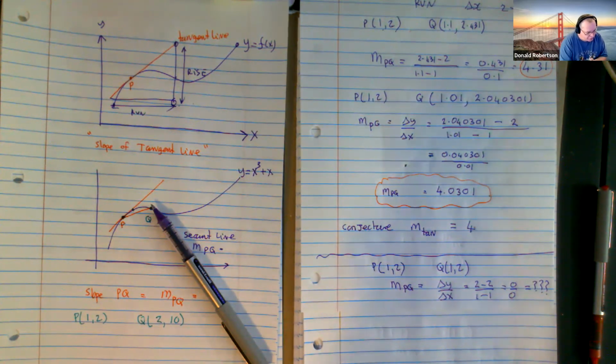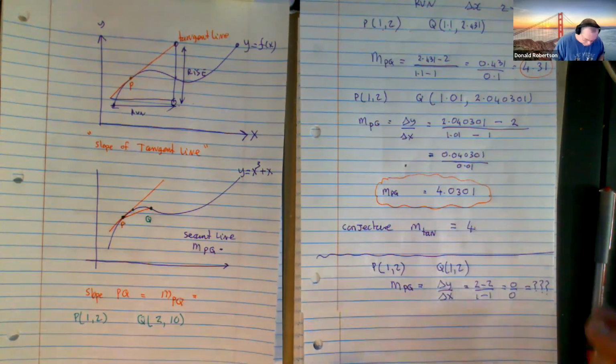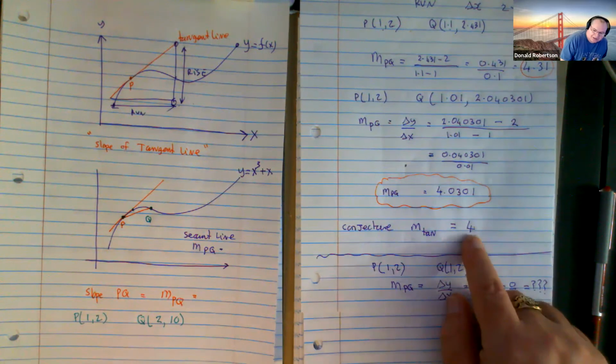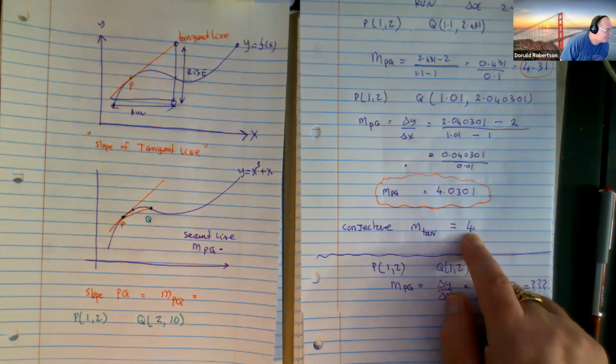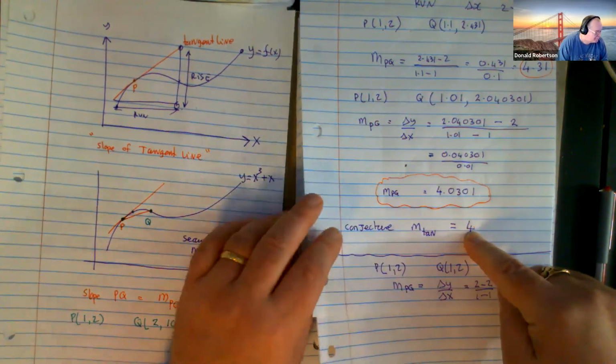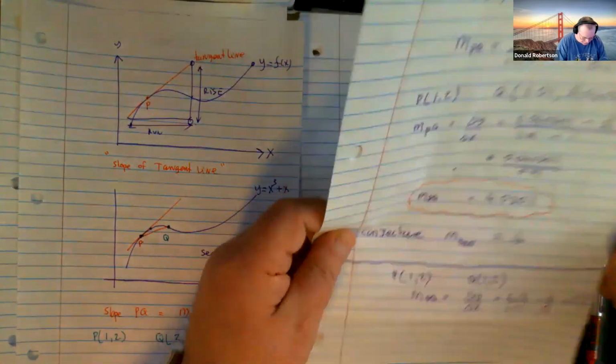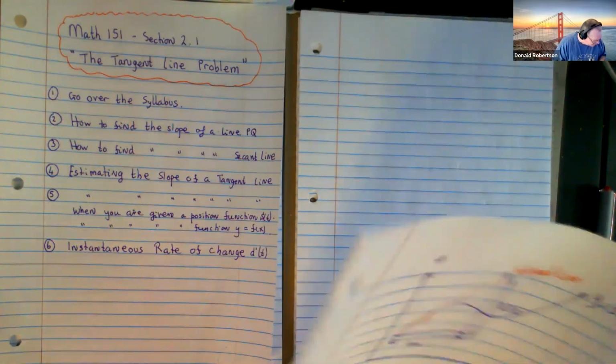Because if you can figure out a way of doing that, and the technique is called limits, so if you can find the limit of this thing, you now have a way of coming up with the exact value for the slope of the tangent line. Oh, by the way, the exact value for this one is 4. But I know that from calculus, not from estimates. So that is going to be our goal. We are going to be looking at how to calculate the slope of a tangent line.